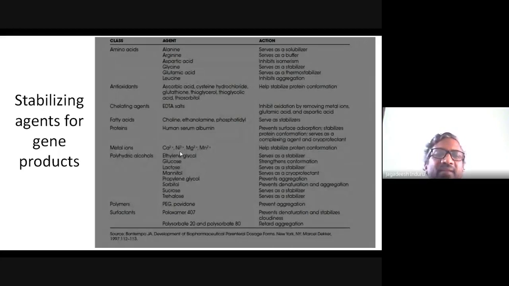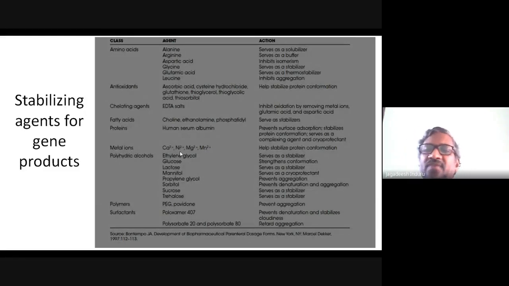If you see further, you have got fatty acids, and they serve as a stabilizer, further enhancing stability and shelf life. And you have got proteins, which will prevent surface adsorption of non-required moieties onto the surfaces. So they will have a specificity, and they act as a complexing agent and a cryoprotectant.